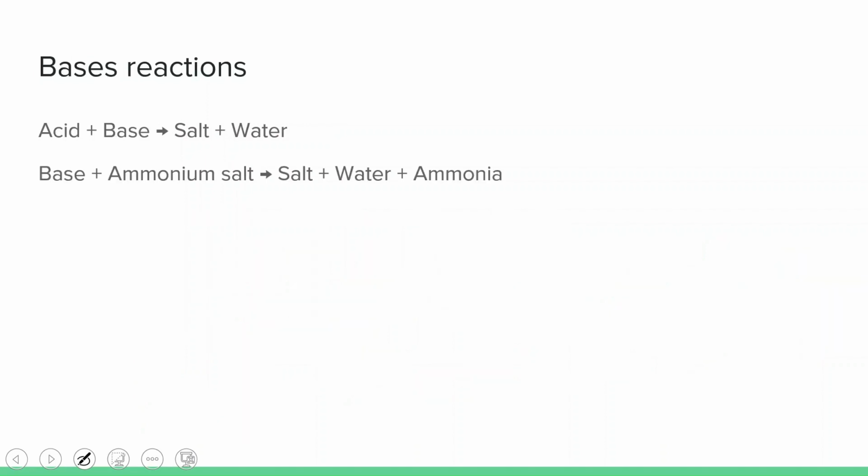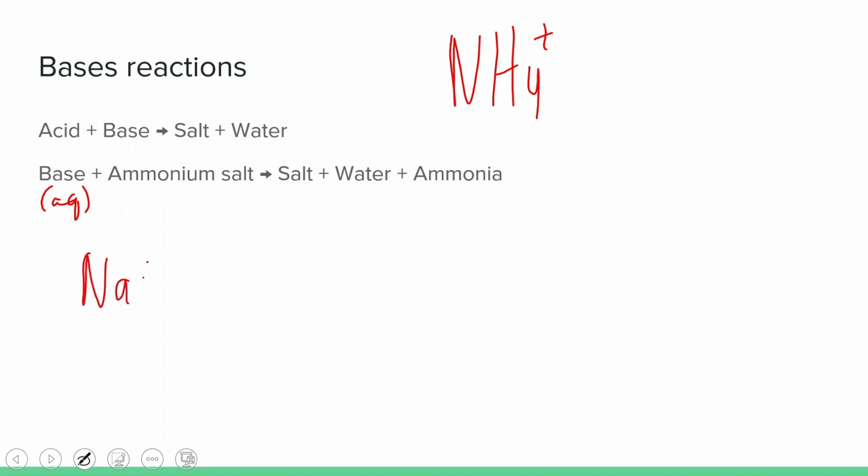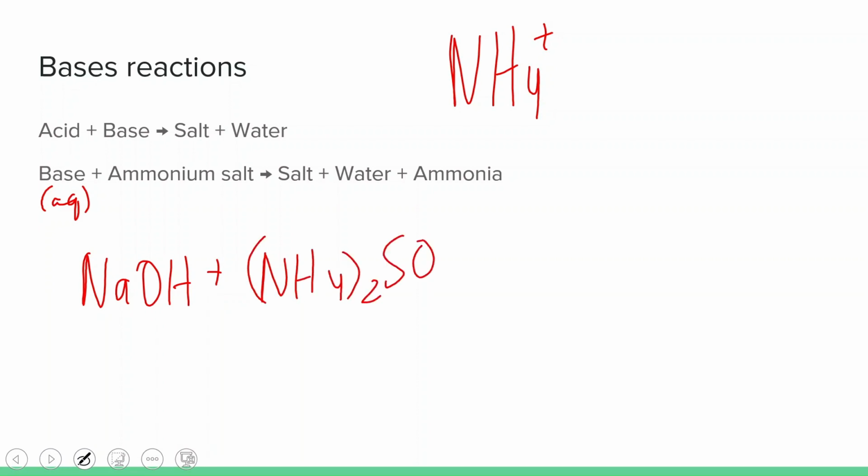The reactions we need to know for bases are neutralization, like we discussed in the previous slide, and also base plus an ammonium salt. And this base has to be an alkali, which means that it has to be aqueous. The ammonium ion is NH4+, it has a charge of 1+. So let's take an ammonium salt, let's say ammonium sulfate. And let's say the base is NaOH, plus ammonium sulfate, (NH4)2SO4.